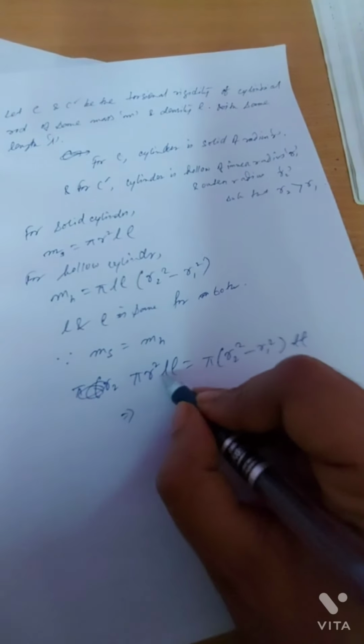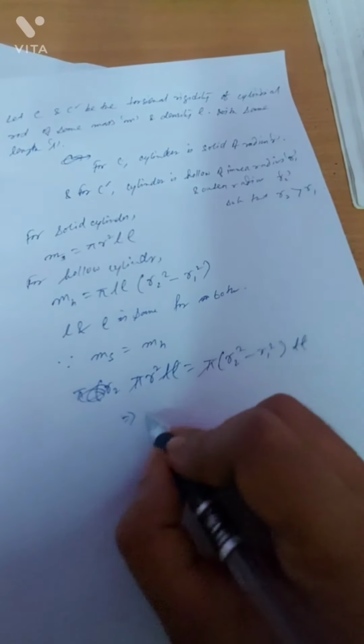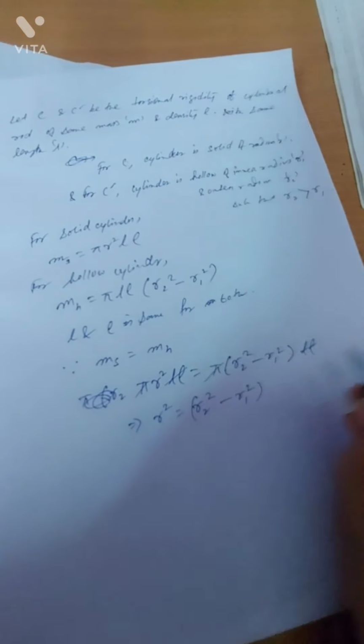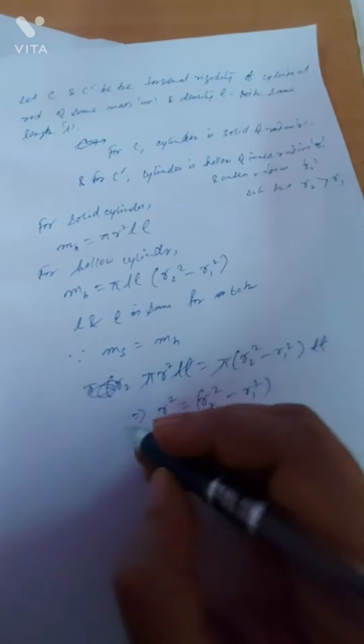L rho will cancel, pi will cancel, so r square is equal to r2 square minus r1 square.